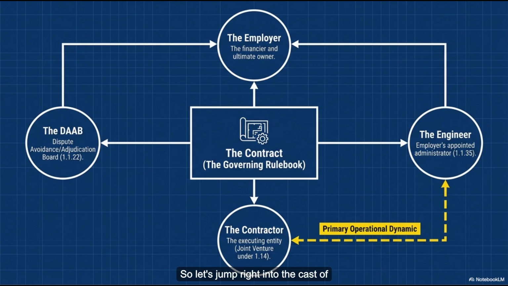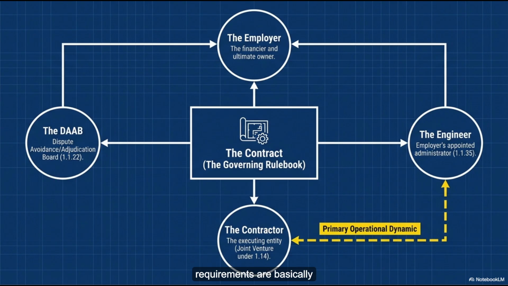So let's jump right into the cast of characters, because Clause 1 gives us the big three in the FIDIC ecosystem. You have the employer, the contractor, and the engineer. The holy trinity of mega projects. Exactly. So let's say you, listening right now, are a government agency funding our hypothetical $2 billion dam. You are the employer. You issue what the contract calls the employer's requirements.